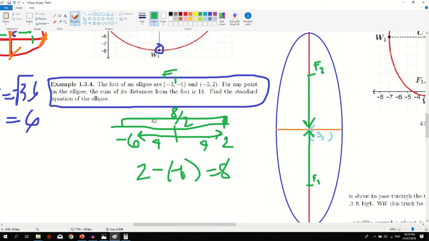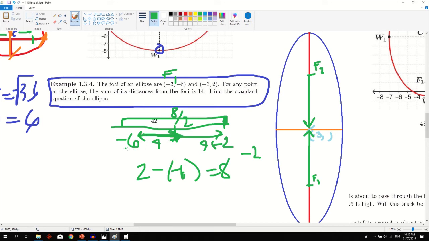So to get here we will minus that, 2 minus 4, that is negative 2.